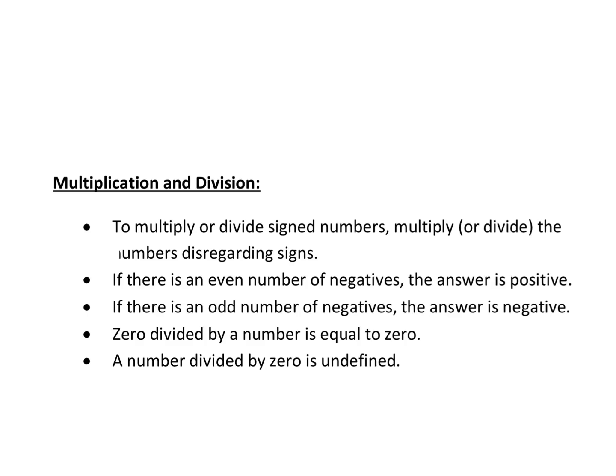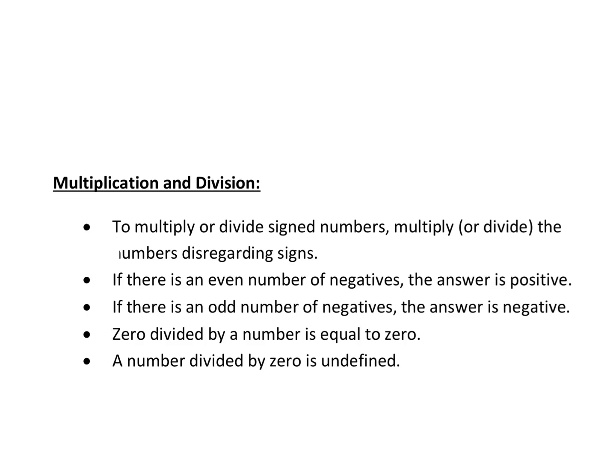And so, for multiplication and division, we have to multiply or divide signed numbers. You multiply or divide the numbers disregarding signs. If there is an even number of negatives, the answer is positive. If there is an odd number of negatives, the answer is negative.